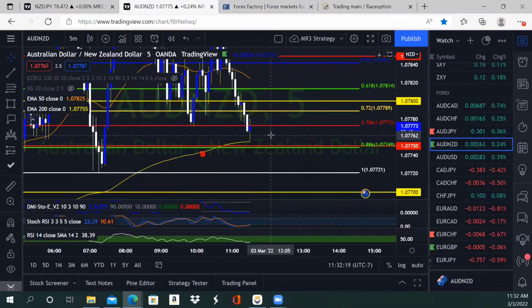A lot of times it can respect even quarter theory. So like right here, the 786 level is close to the 775. That's a quarter, 75. It could use that as resistance, go down, smack you out of profit.